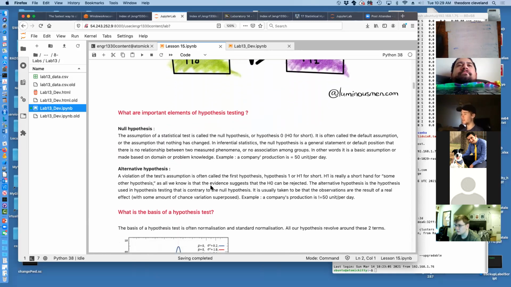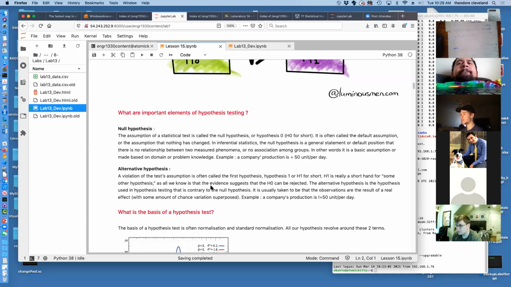So the important elements of hypothesis testing are stating the null and the alternative hypothesis. Ultimately, we're going to apply a statistical test, and that test is going to be on the null hypothesis. And the usual symbology is H sub 0. It's often called the default assumption, or the assumption that there is no difference, nothing's changed.